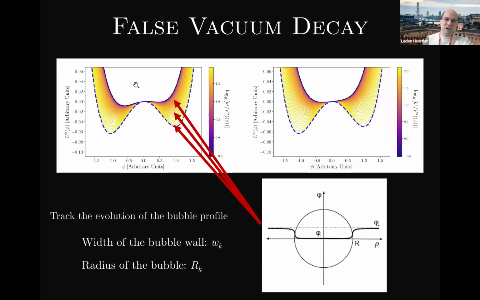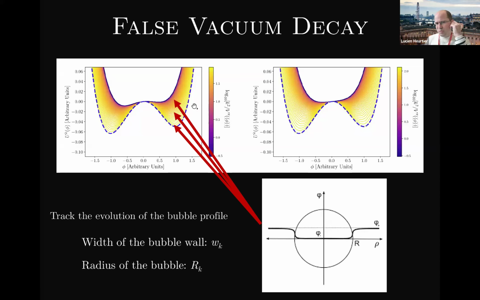But there are some cases where it actually ends up freezing. And those cases are basically cases where your potential is not yet fully convex, once the typical mass scale of your field crosses the threshold, the cutoff k, at which you are at that point.